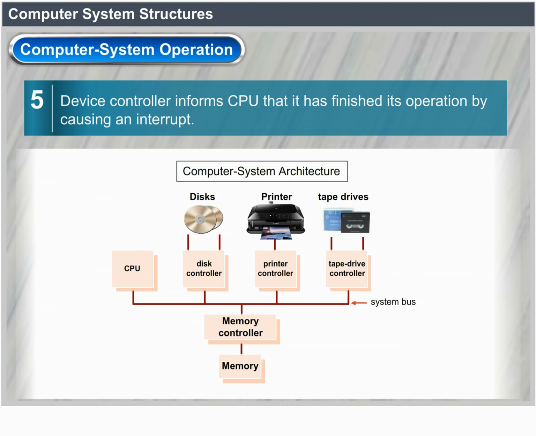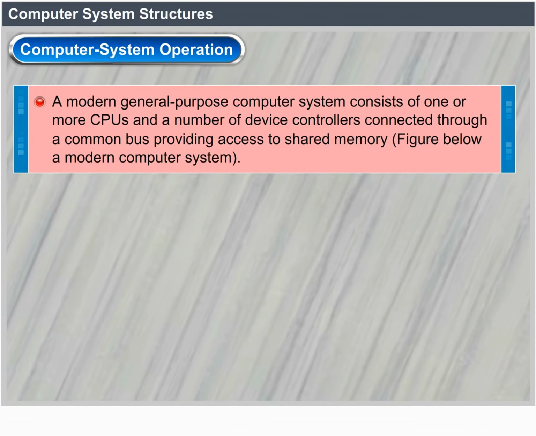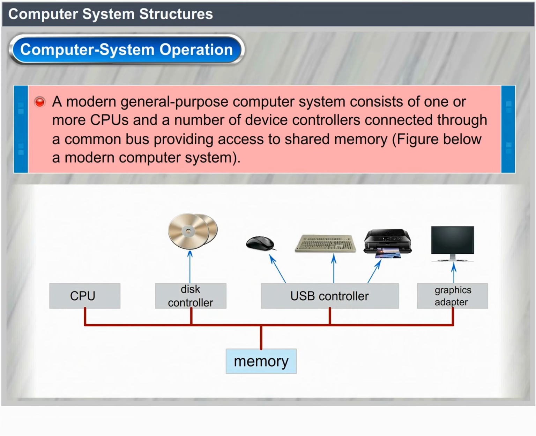Computer system architecture, as shown. A modern general-purpose computer system consists of one or more CPUs and a number of device controllers connected through a common bus that provides access to shared memory. The figure below displays a modern computer system.